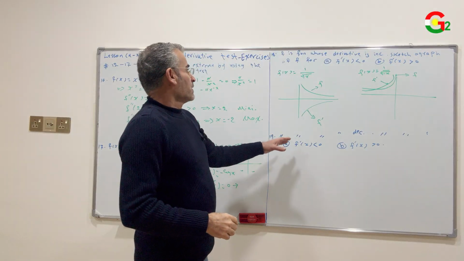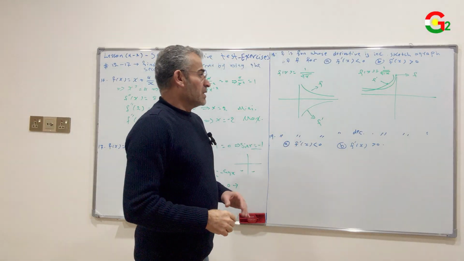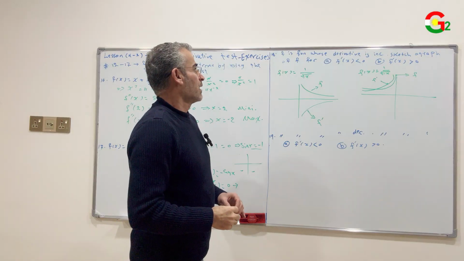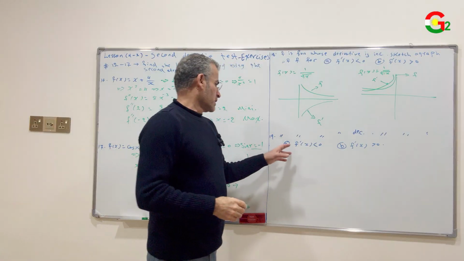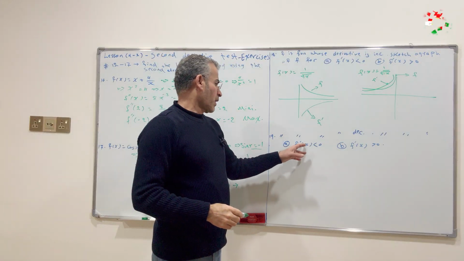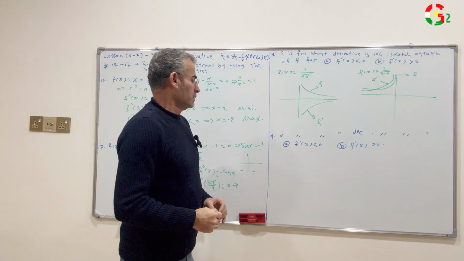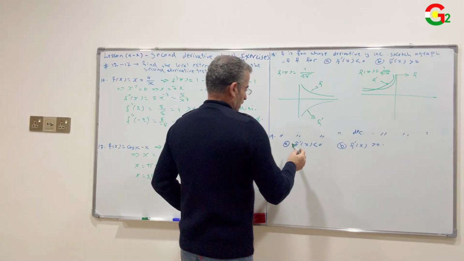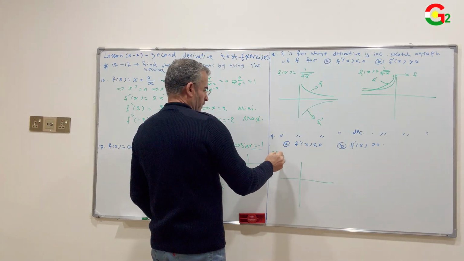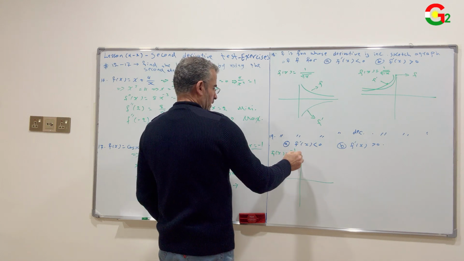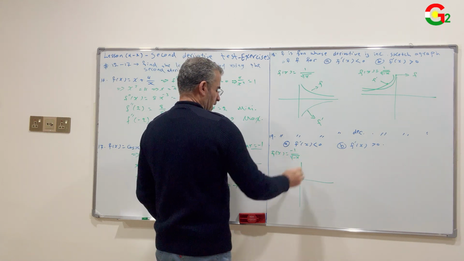f is a function whose derivative is decreasing. Sketch the graph of f in these two cases: when f prime of x is less than 0, f of x equals negative 1 over square root of negative x.